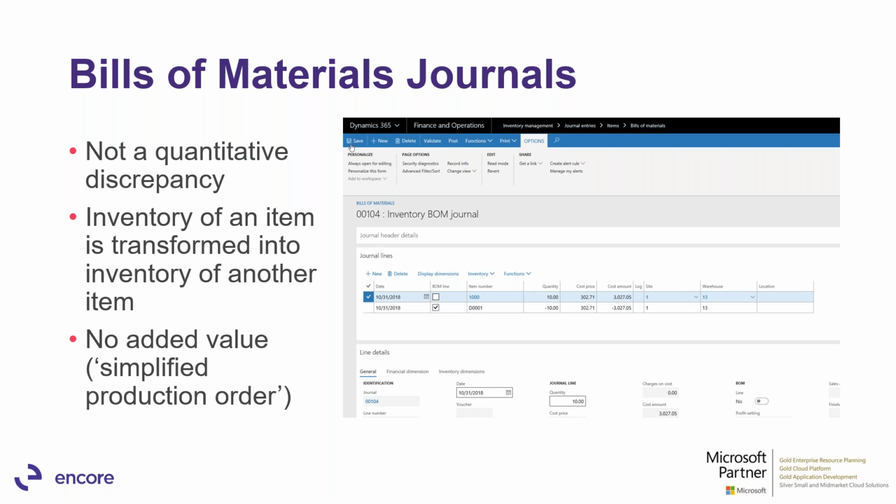If you look at the 2 lines on the screenshot that I have up on the screen, you see that the BOM type line is the negative one and the non-BOM type line is the positive one. So the BOM type line is going to always be a deduction, and the non-BOM type line is going to be the positive quantity that you're adjusting in. So that checkbox is the one that differentiates whether it is the type of line that I'm adding onto my inventory or it is the type of line that I'm deducting.